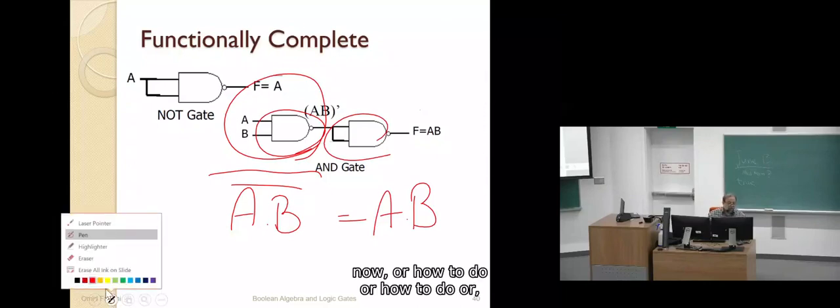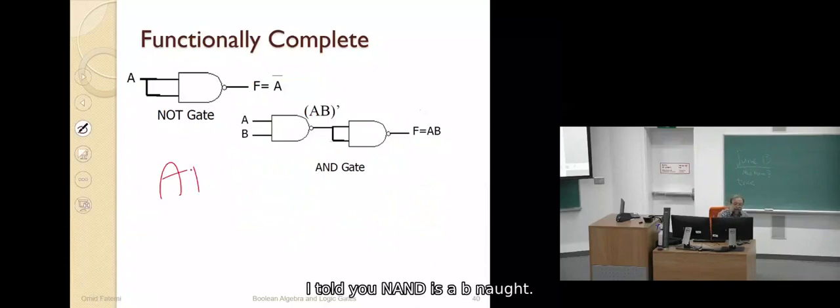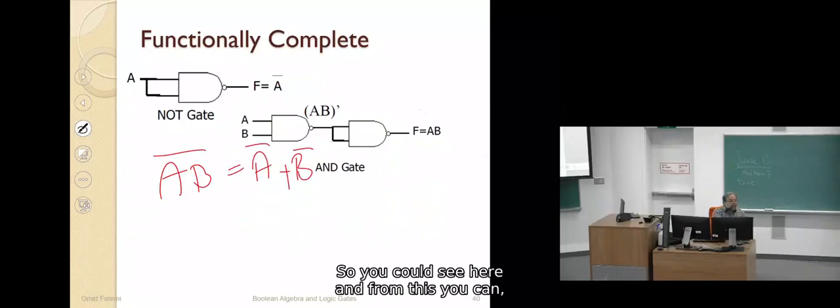Now OR. How to do OR? You know, because when we were talking about NAND, I told you NAND is AB NOT. And if we use De Morgan, it is A naught plus B naught. So you could see here an OR.